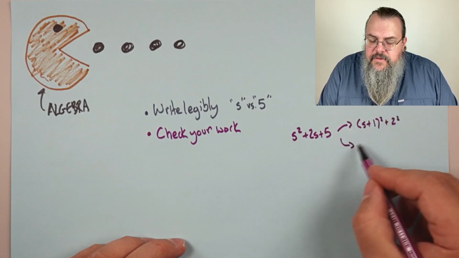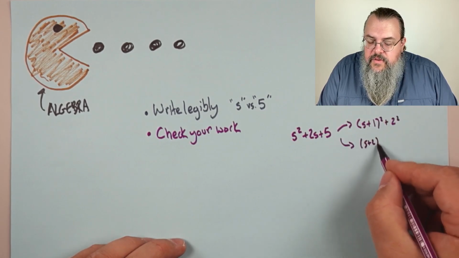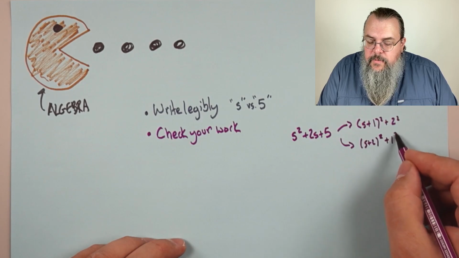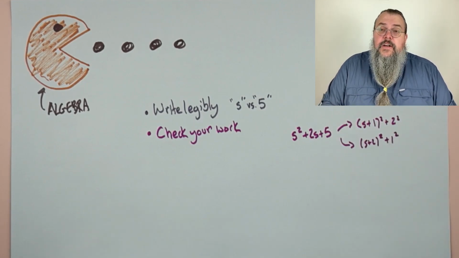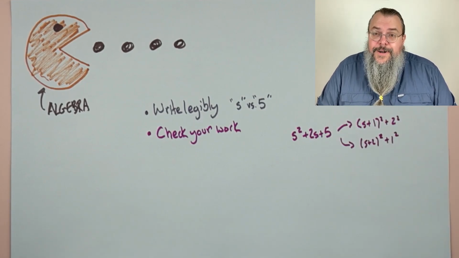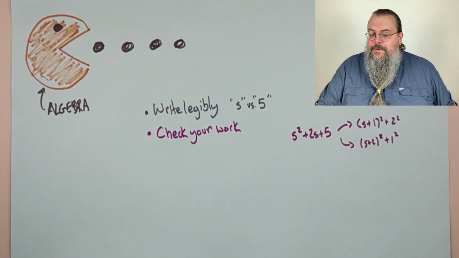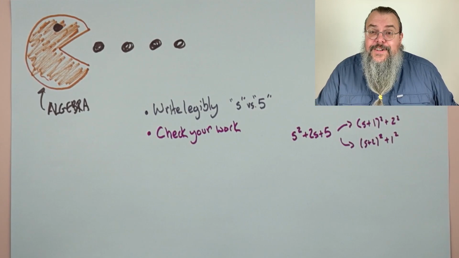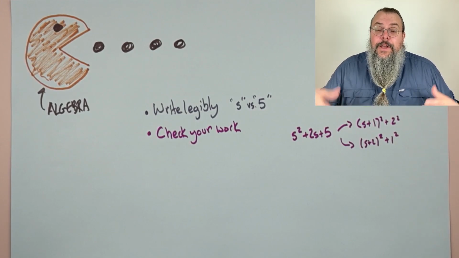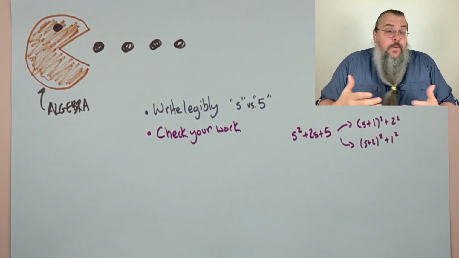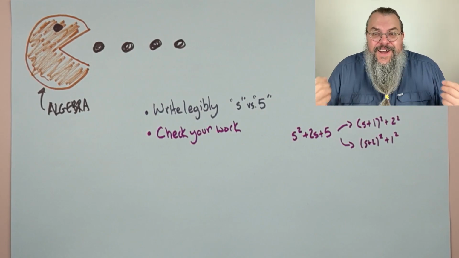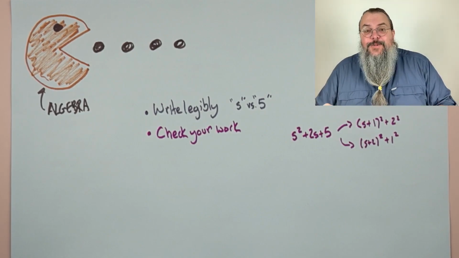And a large number of students wrote this as s plus 2 squared plus 1 squared. And then I thought to myself, wait, they can't both be right. So what's the right answer? Can you tell? Is it like, well, the world will never know which one is right? No, actually, we can tell which one is right.